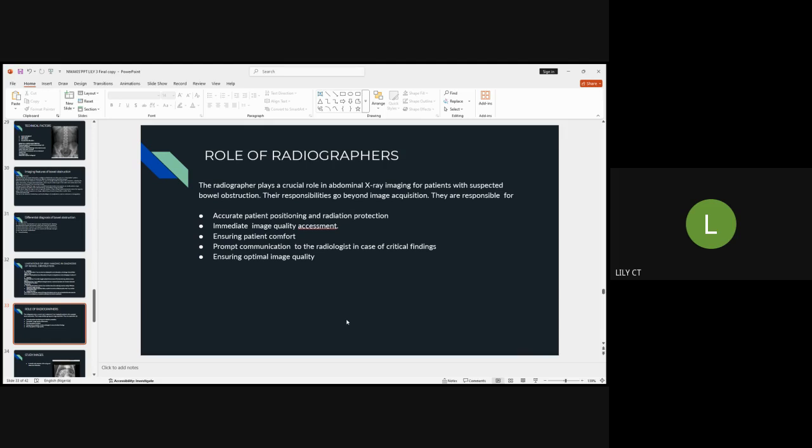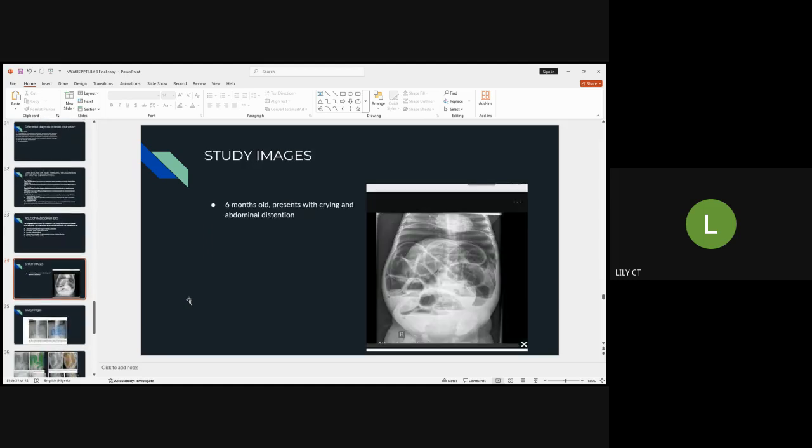Like if it's suspected that there's a perforation, you can communicate with the radiologist to have a second look and then do an additional X-ray to confirm. The main responsibility is to ensure the image produces optimal diagnostic quality.